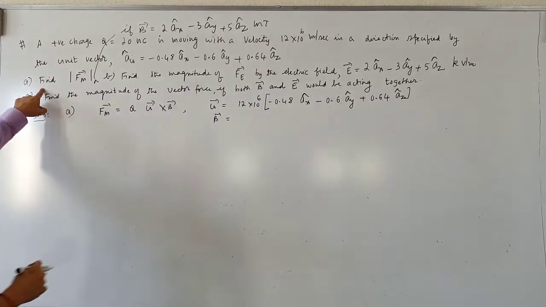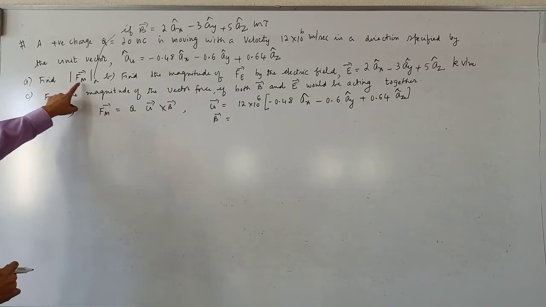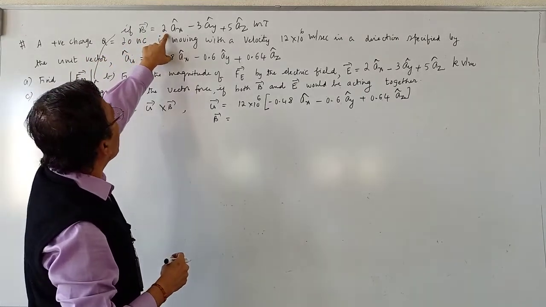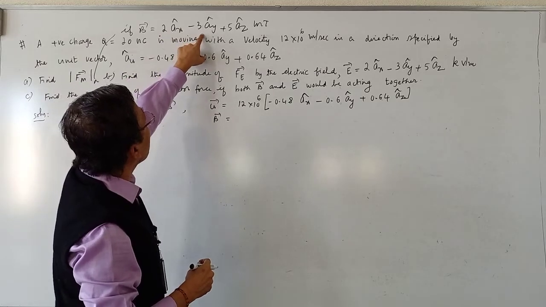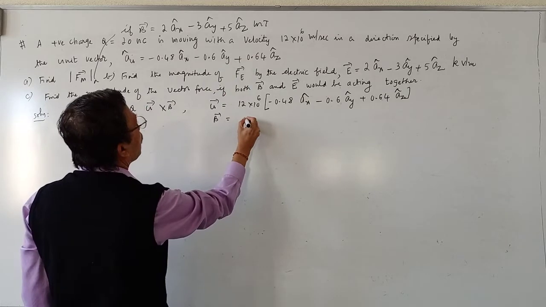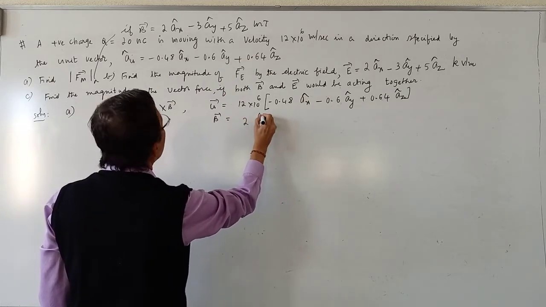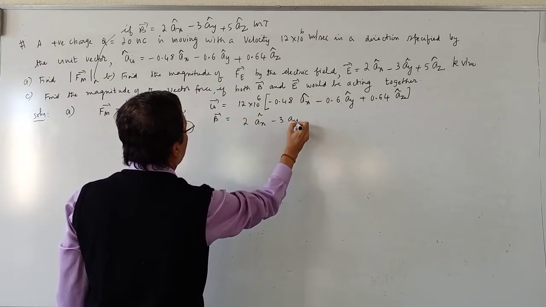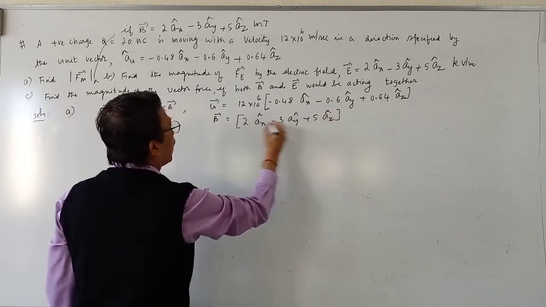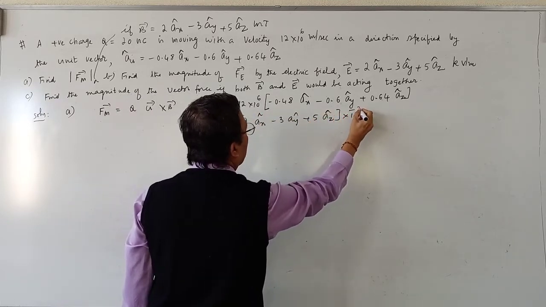Please add to part A: find vector Fm, magnitude of the magnetic force, if vector B equals 2 aX minus 3 aY plus 5 aZ millitesla. So this is 2 aX minus 3 aY plus 5 aZ into 10 to the power minus 3.